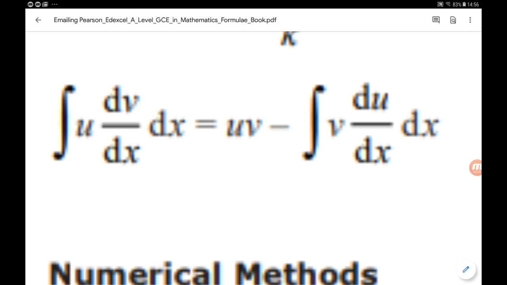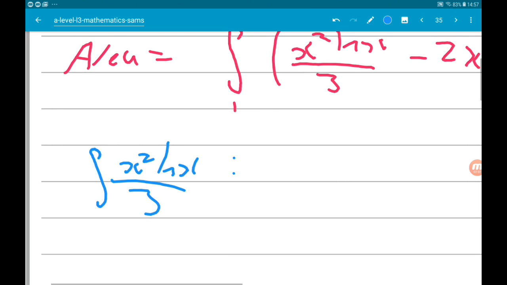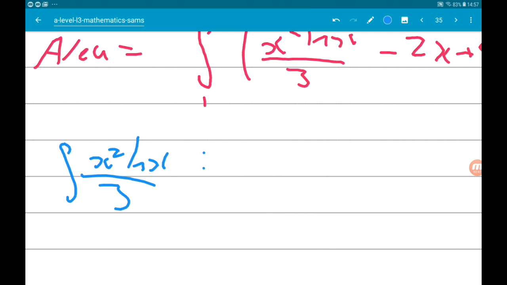So, we always call u the thing that is easiest to differentiate or hardest to integrate. So we're going to call u log x. So that makes du by dx 1 over x.